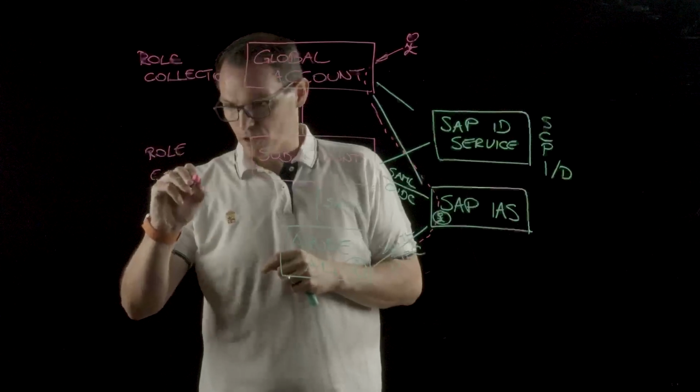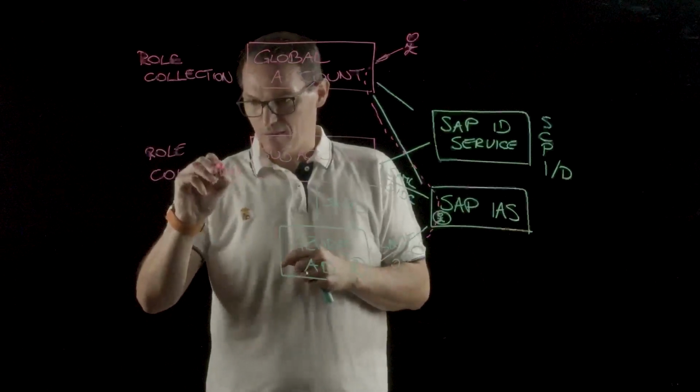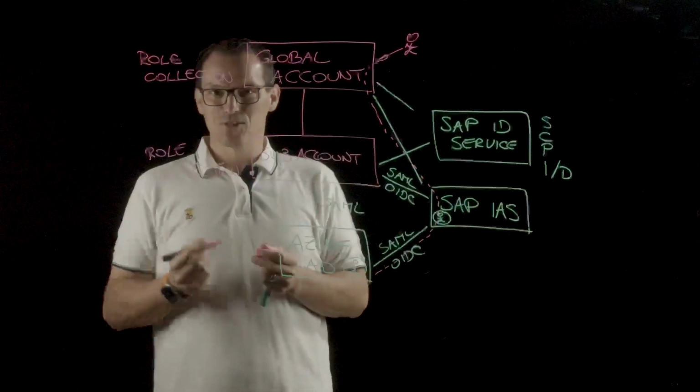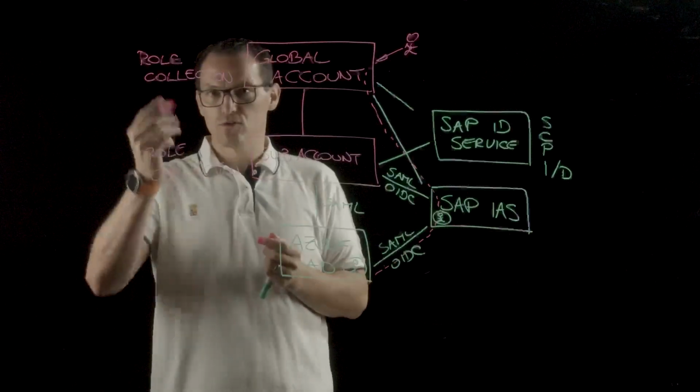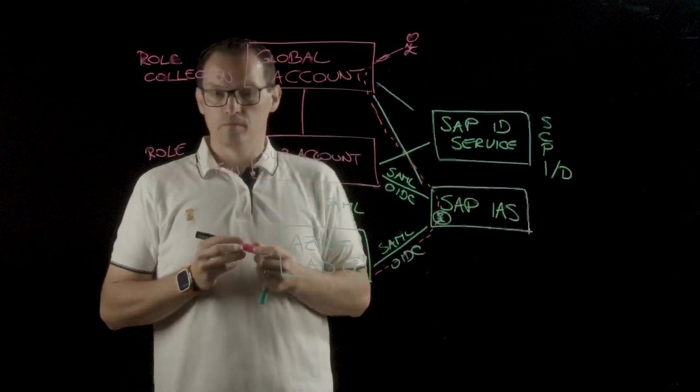A role collection is nothing else than a collection of roles. You cannot assign the roles directly to the users. You have to use role collections in both the global and the sub-account.